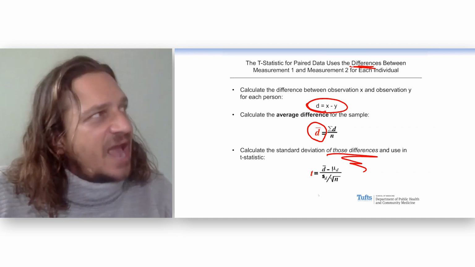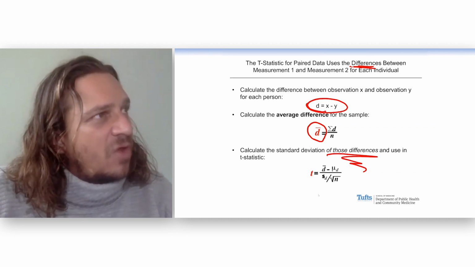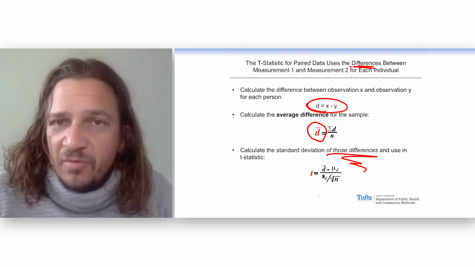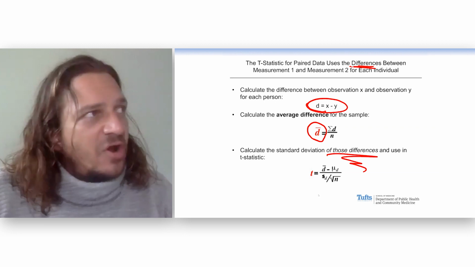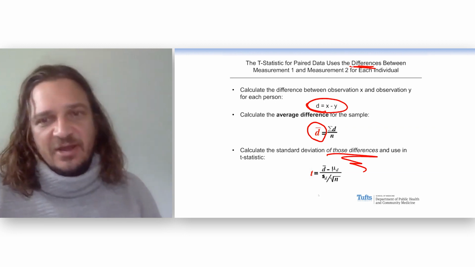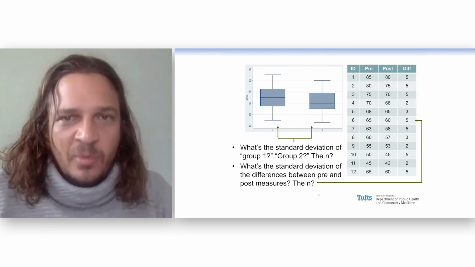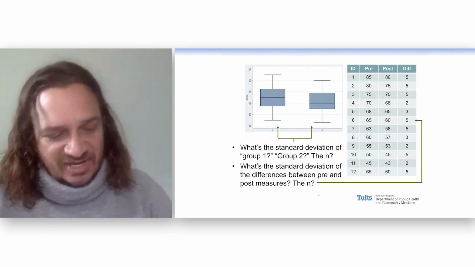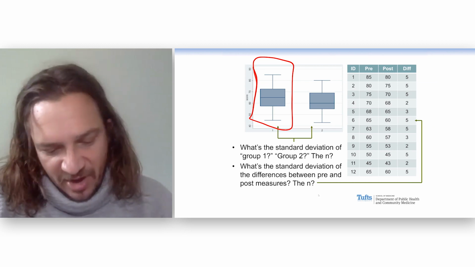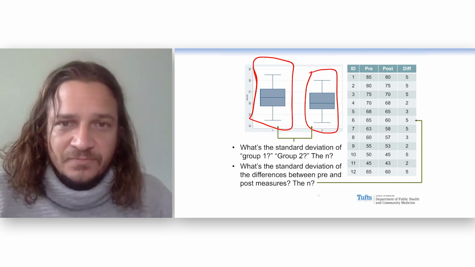And when you look at how much people vary relative to the mean of their group versus how much people vary relative to the mean change, you see something very interesting. This might help to visualize it. When we ran this as an independent samples t-test, we said we had group 1 and we compared it to group 2.